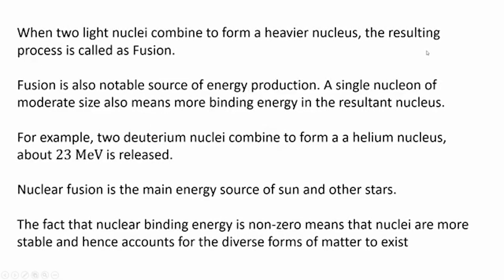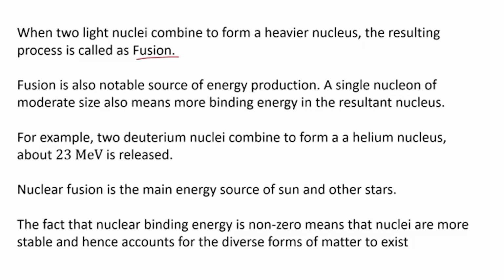On the other hand, when two light nuclei combine to form a heavier nucleus, the resulting process is called fusion. These words are somewhat familiar even in the English language, that they fuse in order to become one. So two lighter nuclei combine to form a heavier nucleus, and fusion is a notable source of energy production.